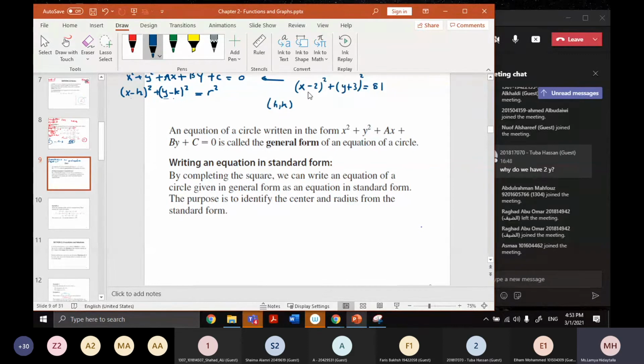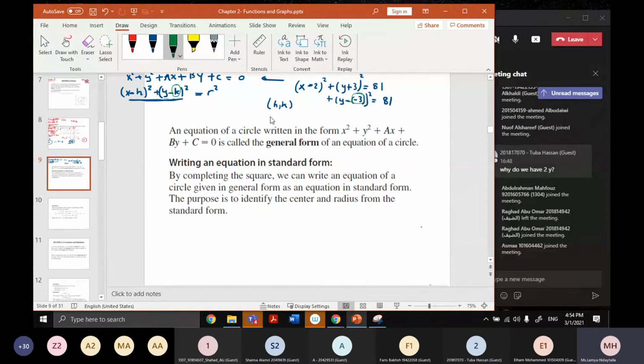So I have to compare with this form. Here there is a minus, but here there is a plus. So this part I have to write as y minus minus 3, the whole squared is equal to 81. Correct? Why? Because here there is a minus, and k is the y value. So the y value is minus 3.